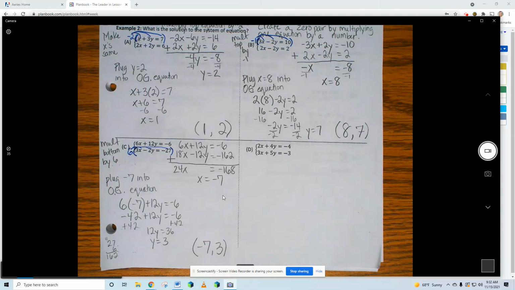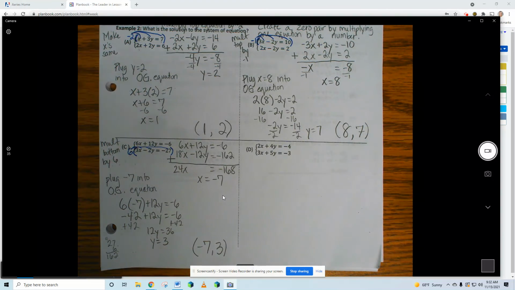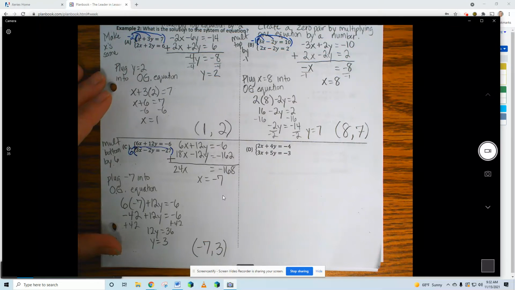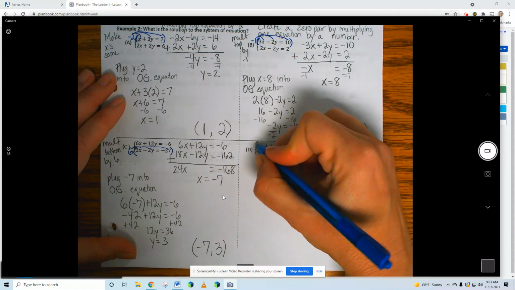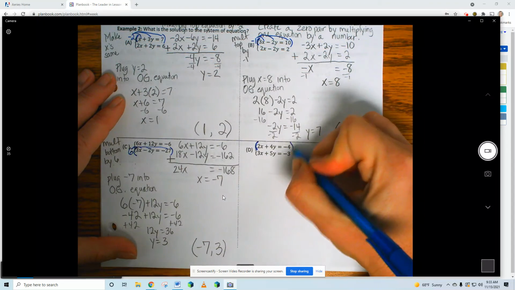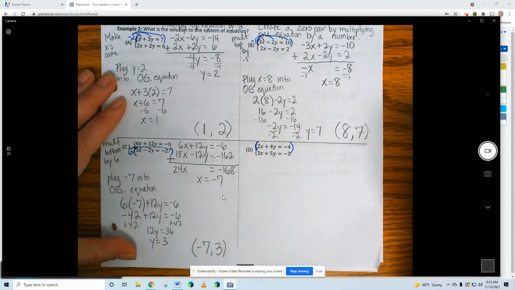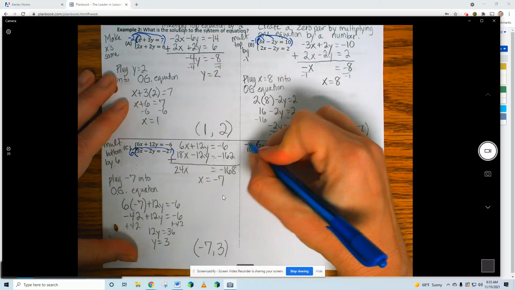The x's for sure. So now it's just a matter of you just multiply to get, I don't know, let's make the top one a negative 6. So the top I'm going to multiply by what to make it a negative 6? 2 times what is negative 6? Negative 3.